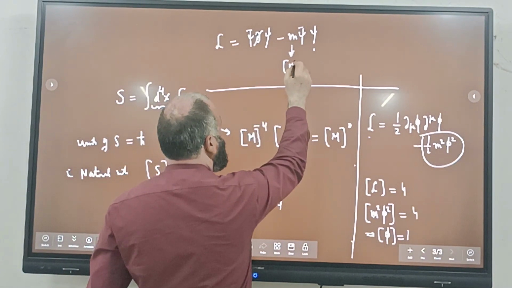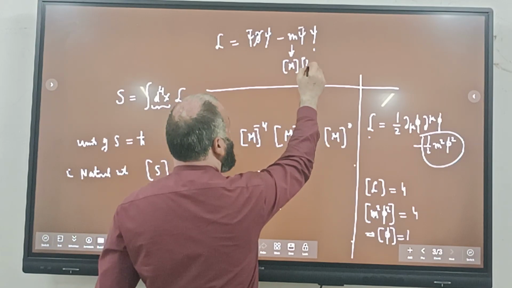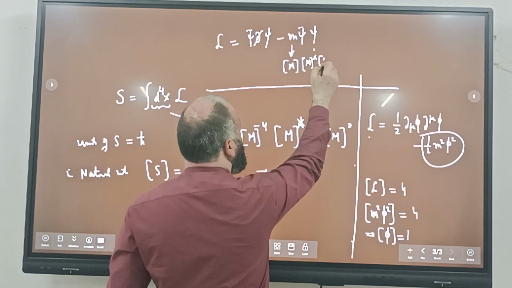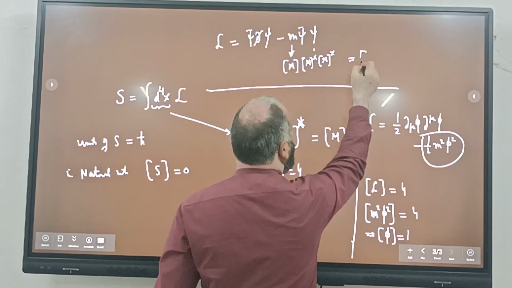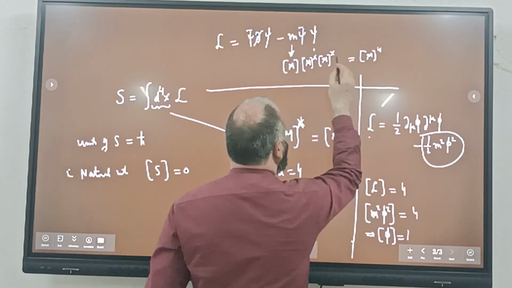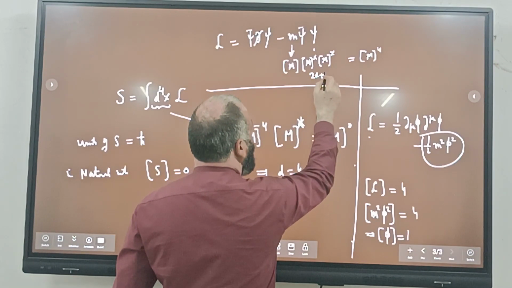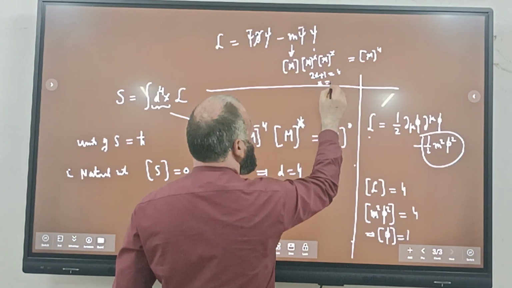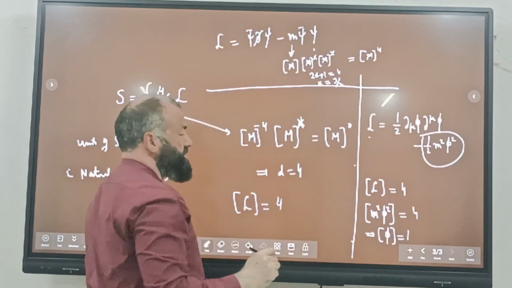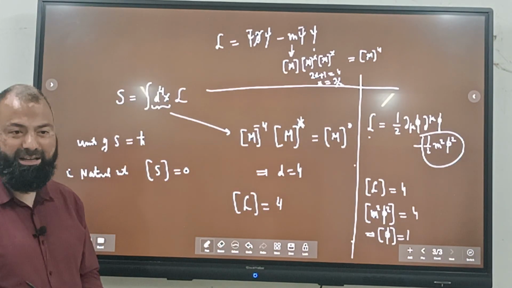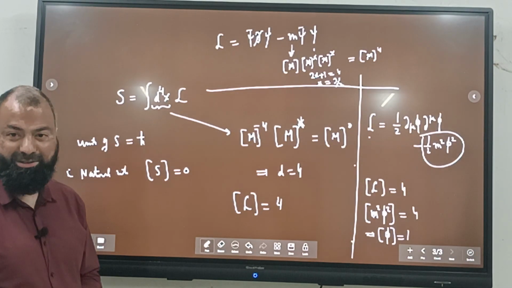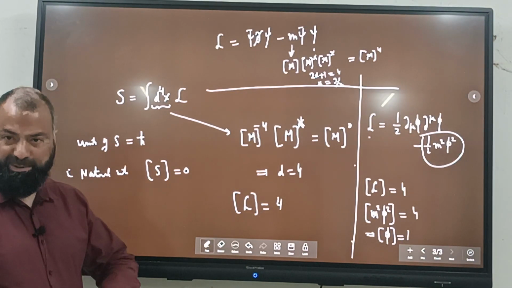Let's say this is M raised to x and this is M raised to x. Clear? So it should be equal to M raised to 4. So you have 2x plus 1 is equal to 4. So what is x? 3 by 2. So that means the mass dimension of the Dirac field psi is how much? 3 by 2 in 4-dimensional space time.